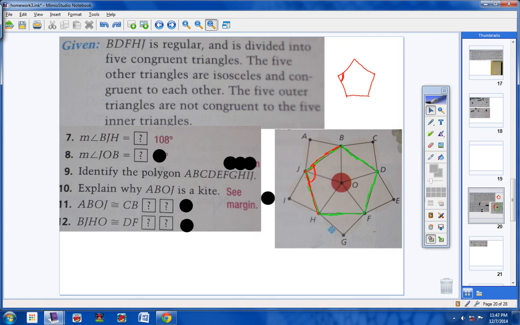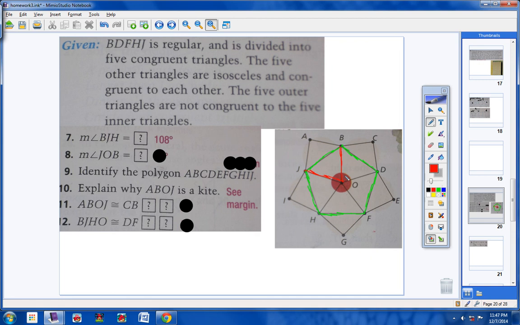108. Now moving on to number 9, the measure of angle JOB. Hold on 1 second here, guys. Let's get rid of this here. There we go. Okay, the measure of angle JOB. Here's J to O to B. Now guys, come on, think about it.